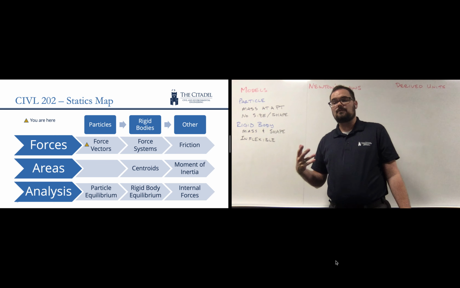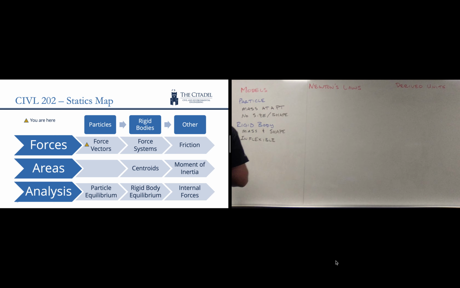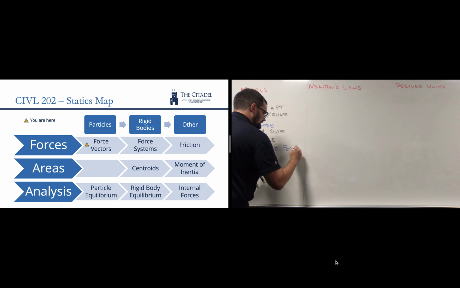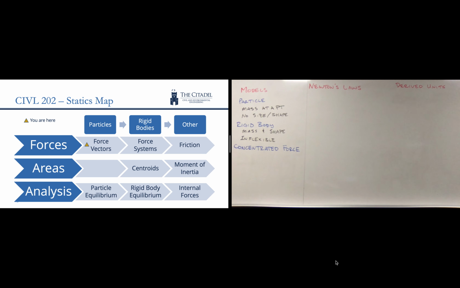We might also model forces in a couple of different ways. So we could have a concentrated force, like so. And when we think about concentrated forces, they're going to be forces at a point, no contact area.